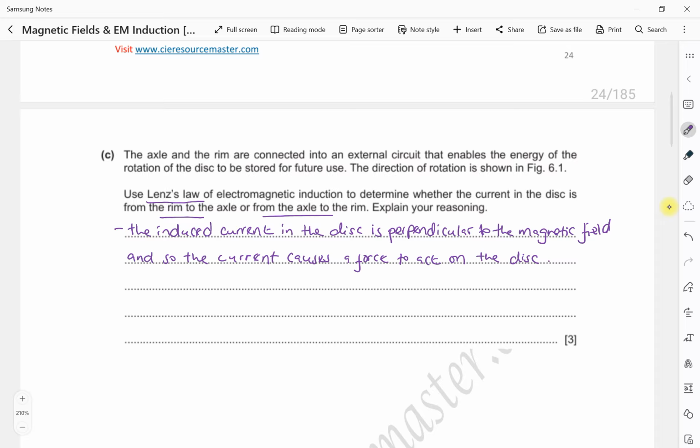So the current is going to cause a force to act on the disk, because if the current is perpendicular to the magnetic field, Fleming's left-hand rule can apply. So the three fingers must be at 90 degrees.